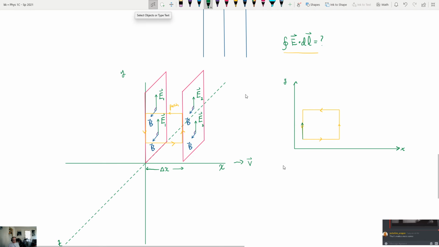And that's what we're calling E1. On the right edge of my path, I'm going to have an electric field vector that we're going to call E2, because that's what the electric field is at that location. It's a little bit different, so we call it E2, make it a little bit different size.